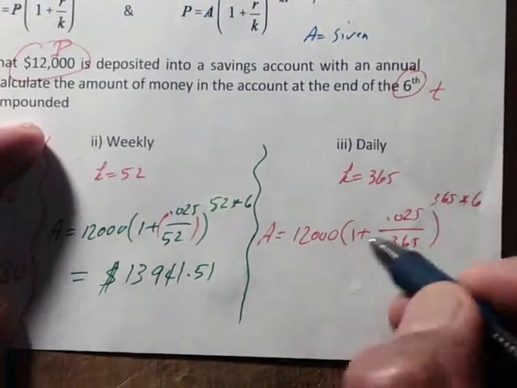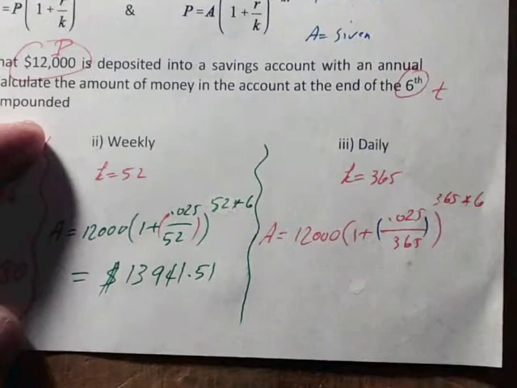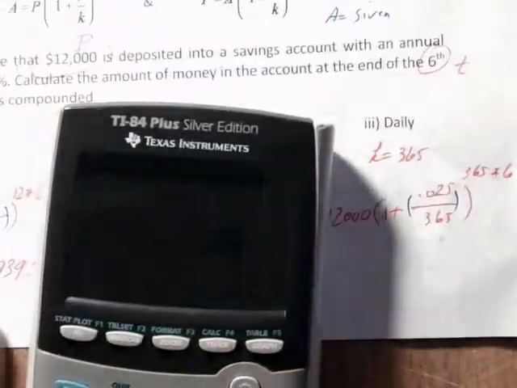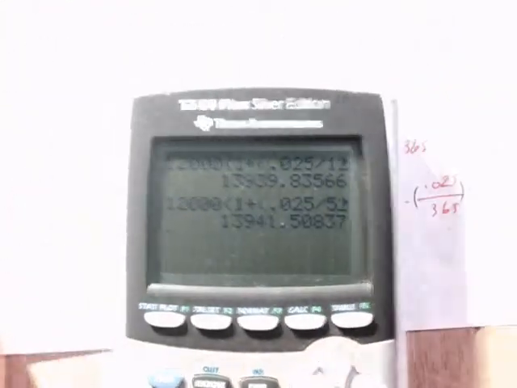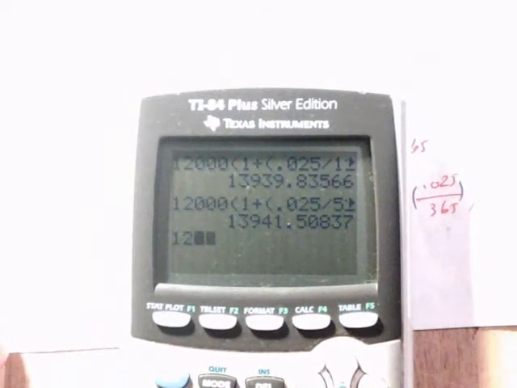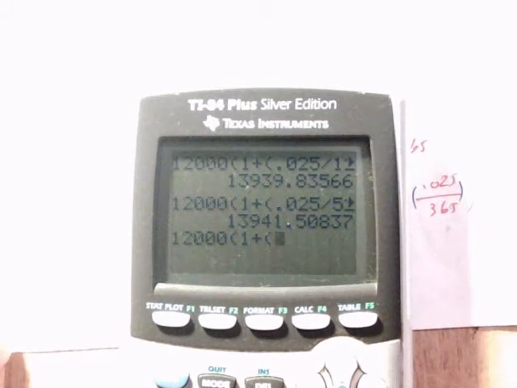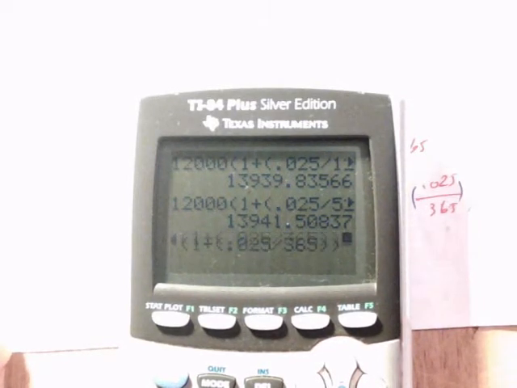Again, put a couple of parentheses there, and then put it in your calculator. 12,000, 1 plus parentheses 0.025 divided by 365 to power 365 times 6.